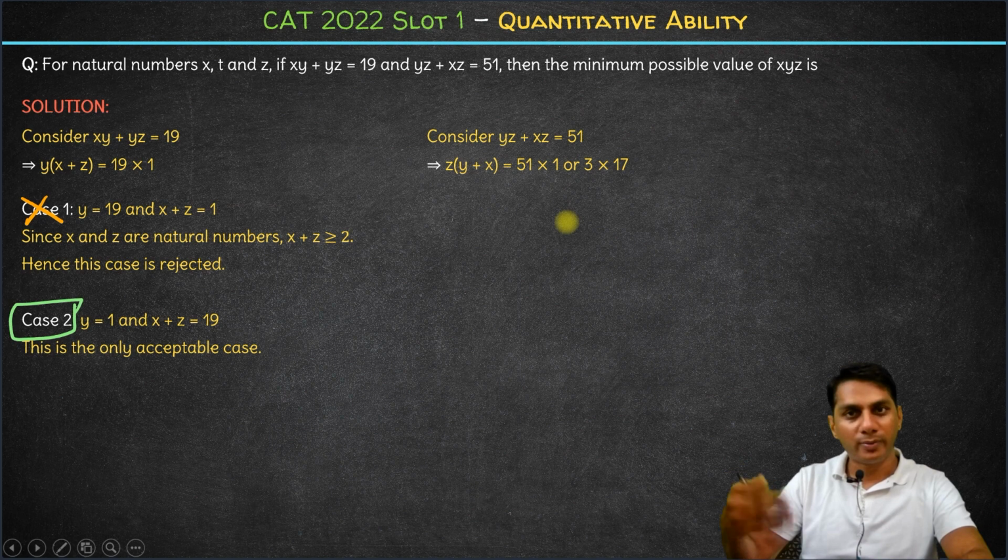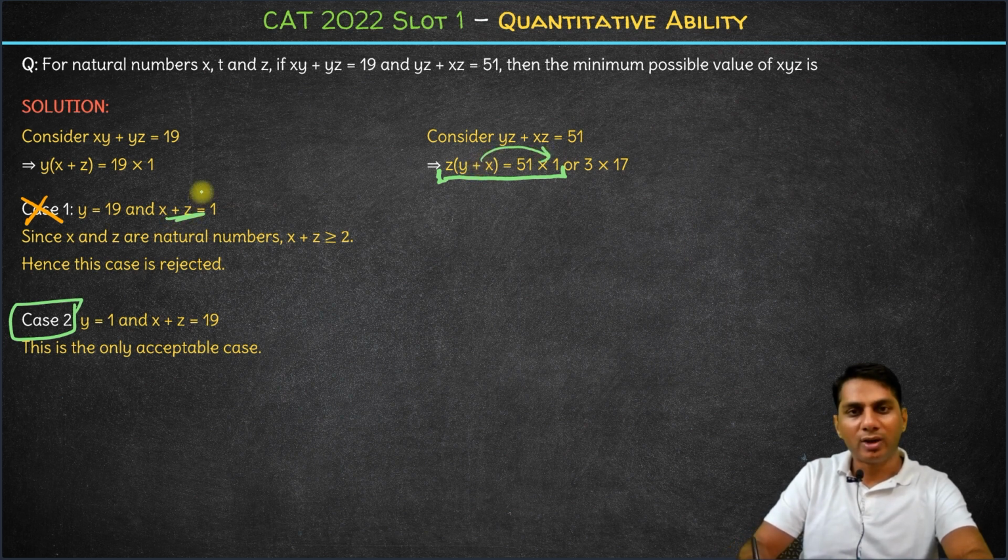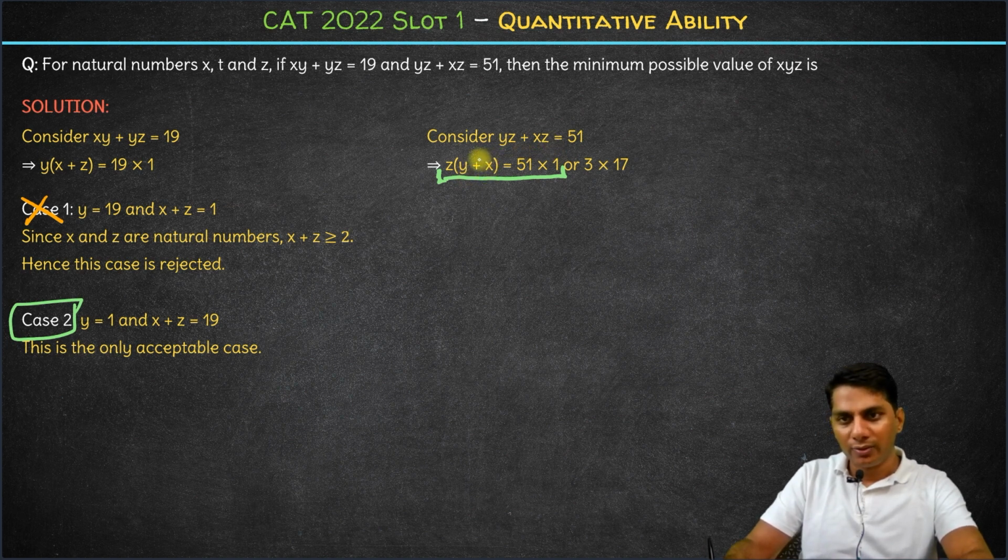So now we'll have to make cases again. Let's consider the first case, where z into y plus x is 51 into 1. Obviously y plus x cannot be 1, just like x plus z cannot be 1, because both of them are natural numbers, so their sum should be greater than or equal to 2. So here y plus x should be 51 and z should be equal to 1.